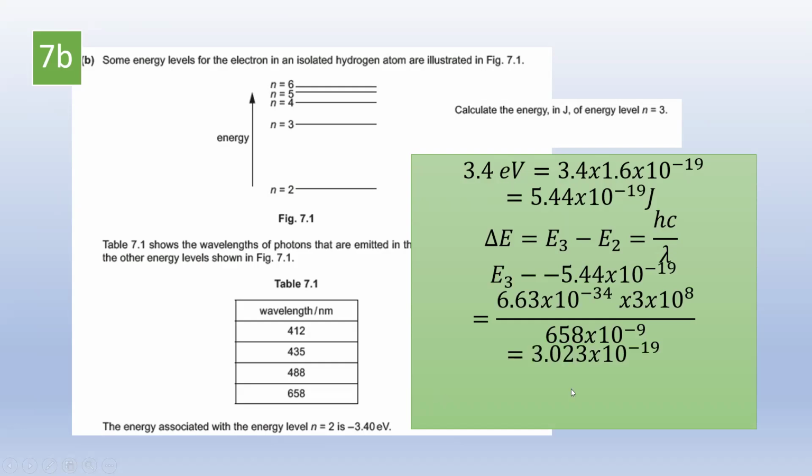You get that value. Then you want to find E3. Take this over, it becomes minus. E3 must be negative anyway. Okay?